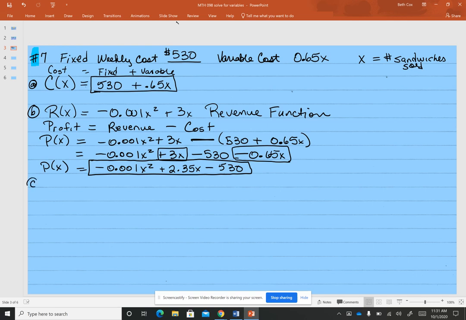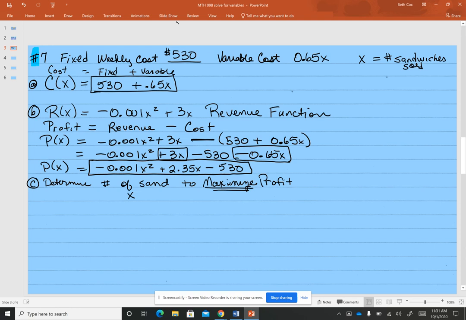Now part C is asking us to determine the number of sandwiches, that's x, to maximize our profit. Remember, maximum or minimum is what we're studying. Our profit function is a quadratic.